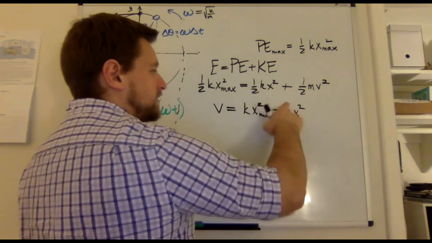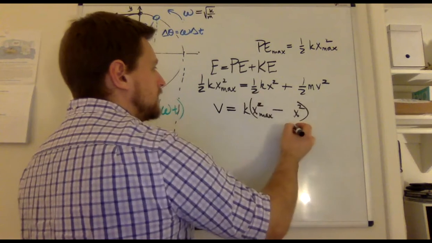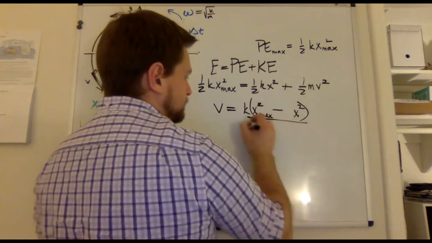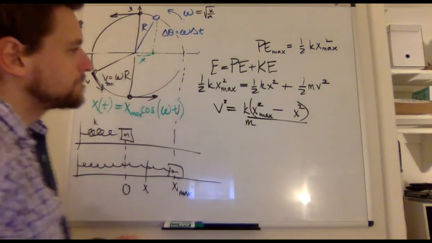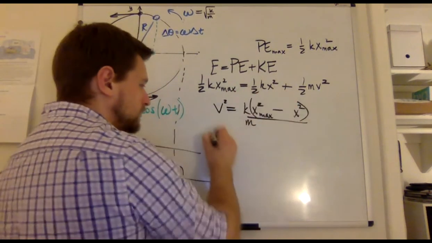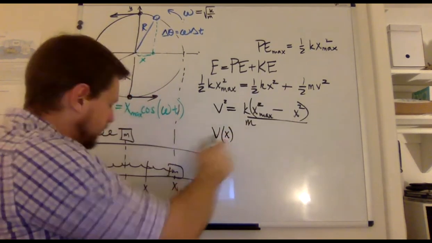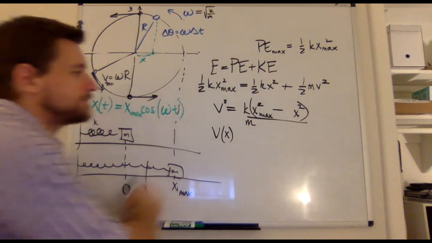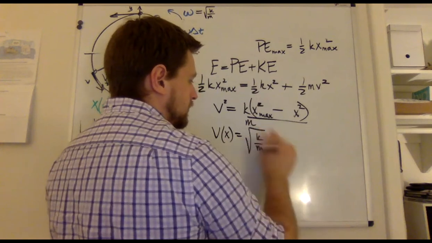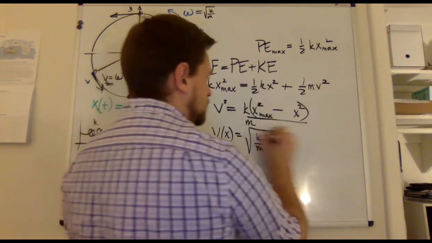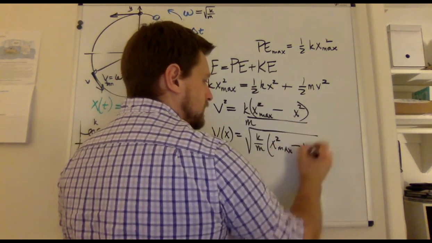Let's factor out a k, and then we're going to divide by m. And we can take a square root, and now we have velocity. If you tell me the x coordinate, I can tell you the square root of k over m times x max squared minus x squared.